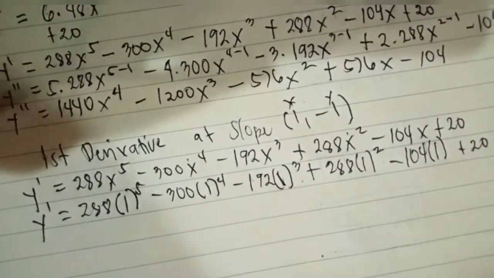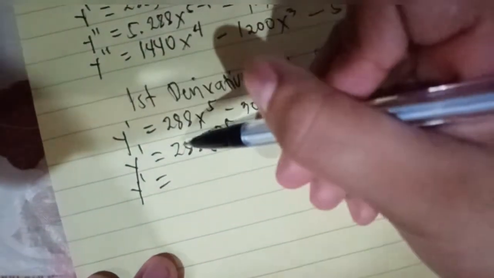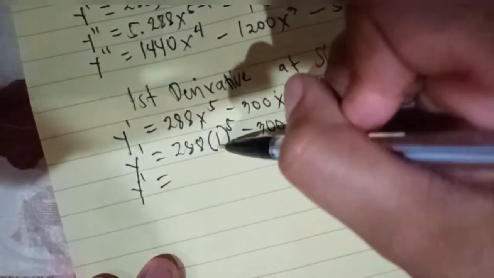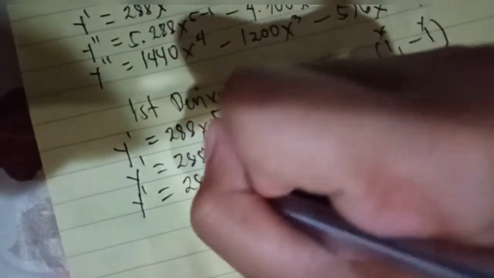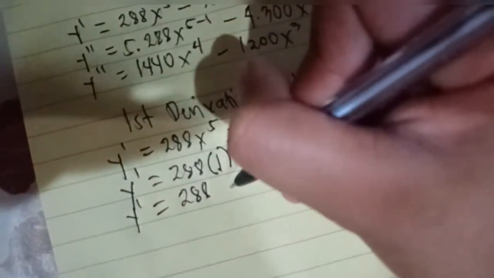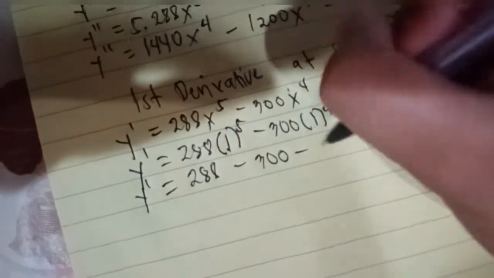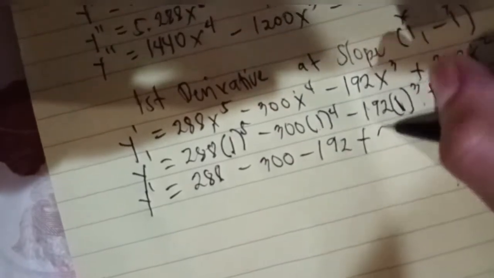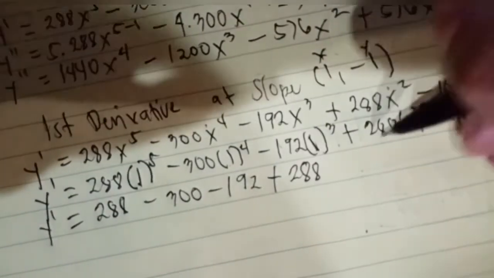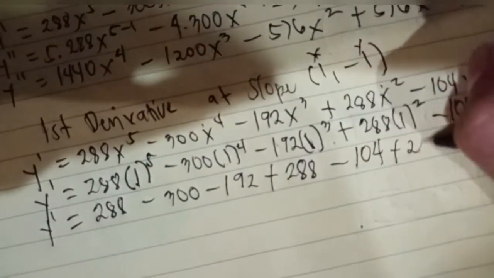So remember that 1 multiplied by 1 is equal to 1. So y prime is equal to 288 times 1 raised to the power of 5 will become 288, minus 300 times 1 will remain 300, minus 192 times 1 is 192, plus 288 times 1 is 288, minus 104 times 1 is equal to 104, plus 20.